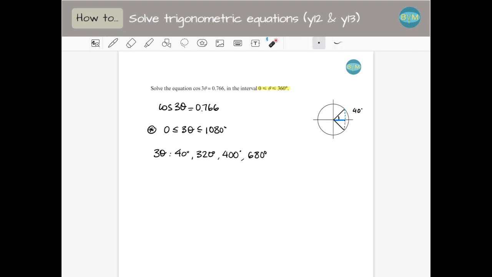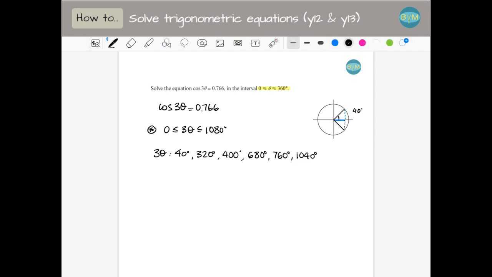Yeah. So this one is the same, adding 360, and then I carry on until I reach the 1080. Yeah, just adding that. So 760, and 1040, and the next one will be over 1080. So these are all my solutions for 3 theta. I'm just going around and around until I reach my limit for the interval.